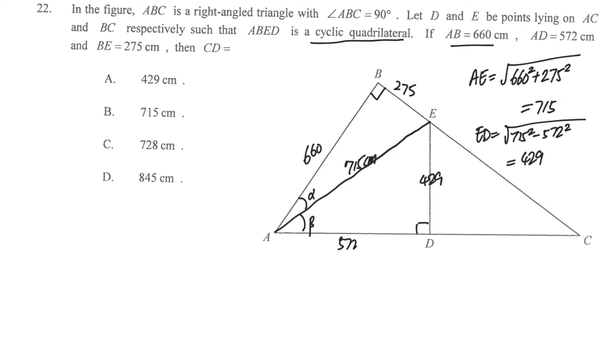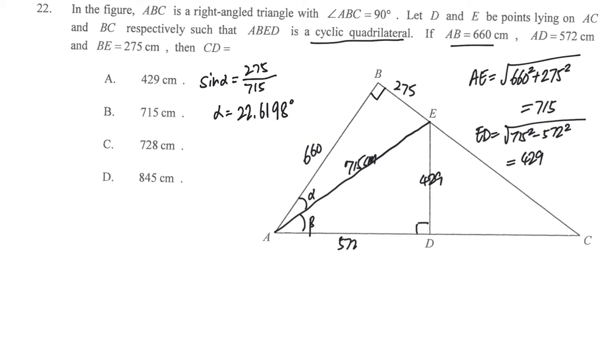So let's use sine for the alpha. Sine is 275 over the hypotenuse 715, and you find out the angle alpha is actually 22.6198.